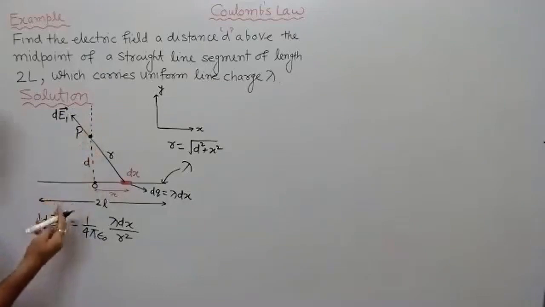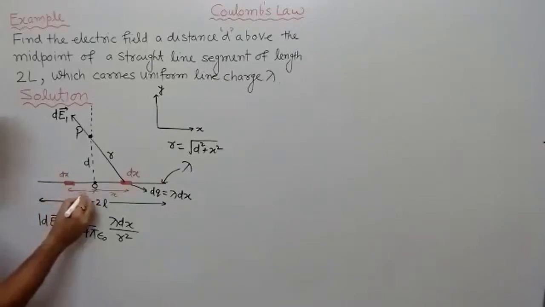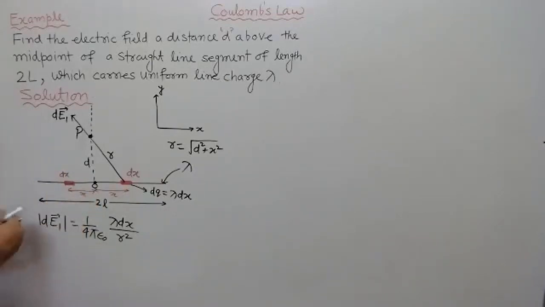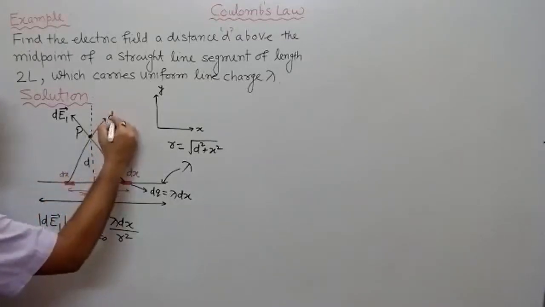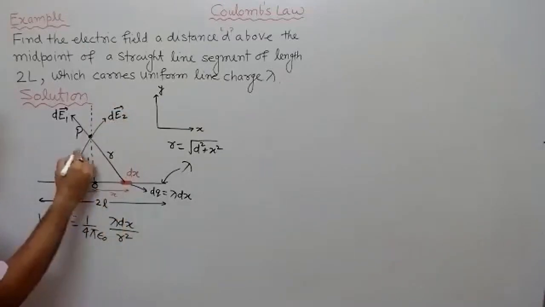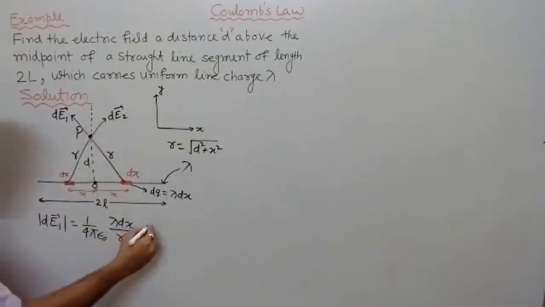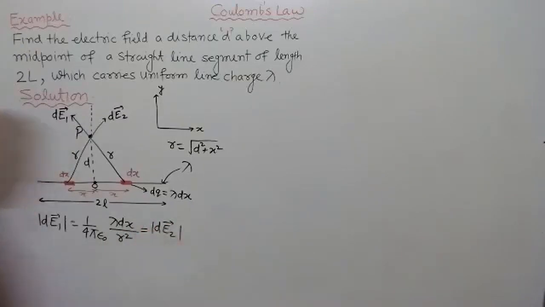And from symmetry, if you consider a similar point towards this side, the same elemental length dx towards this side, and that is again the same x distance away, this field will be dE2. This is also at r distance away. So the magnitude of dE1 is equal to the magnitude of dE2.